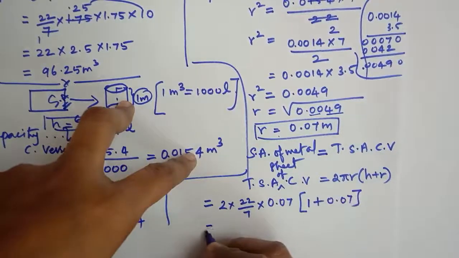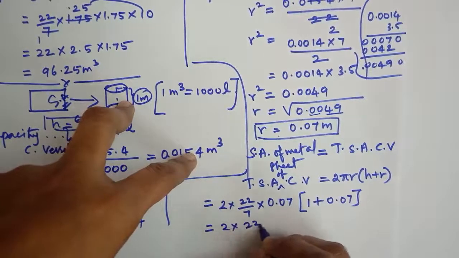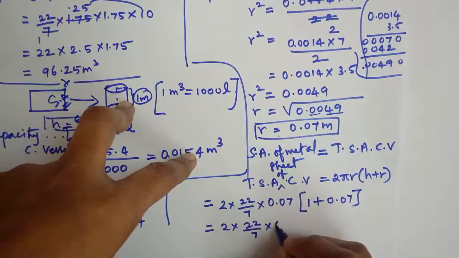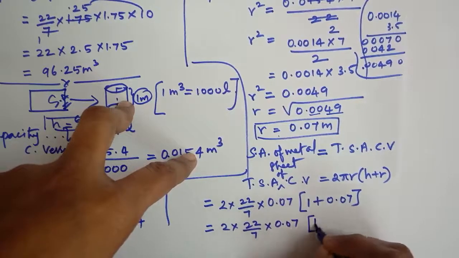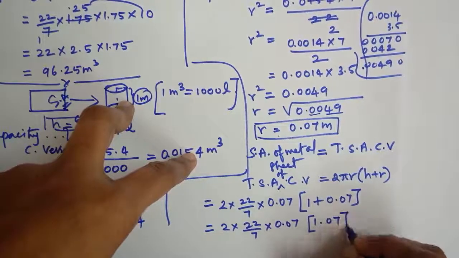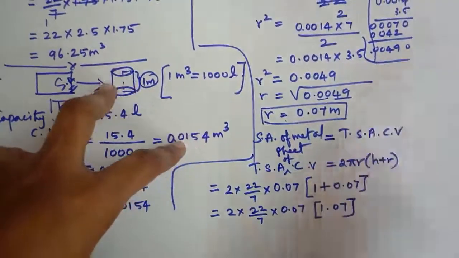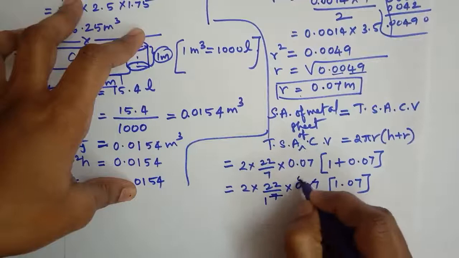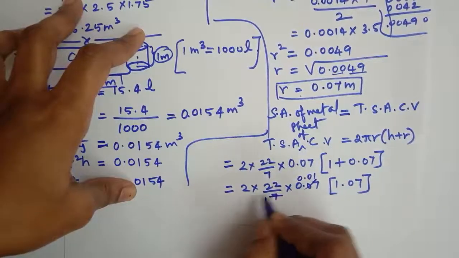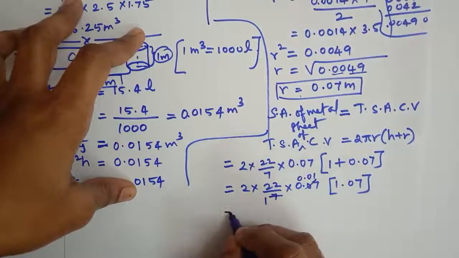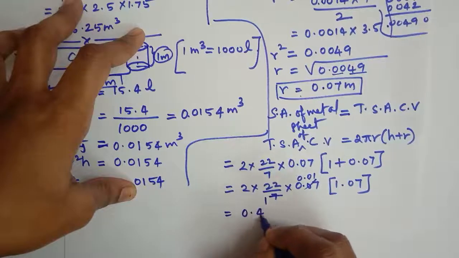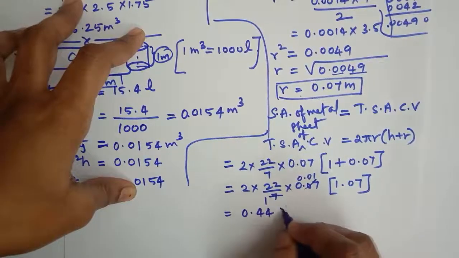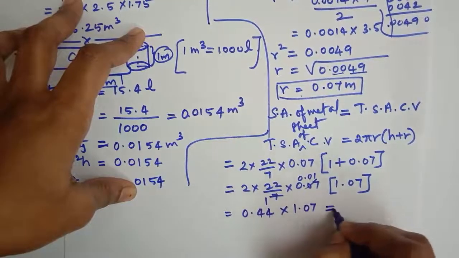So that is equal to 2 into 22 by 7 into 0.07, into 1.07. 7 1s are 7, here 0.01. 2 into 22 is 44, 44 into 0.01 is 0.44.